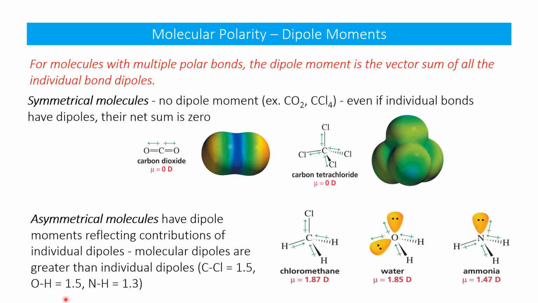For example, chloromethane has a dipole moment of 1.87 debye. Realize that molecular dipoles can be greater than individual dipoles. In chloromethane, the carbon-chlorine bond dipole is 1.5, however overall, the molecule is 1.87.